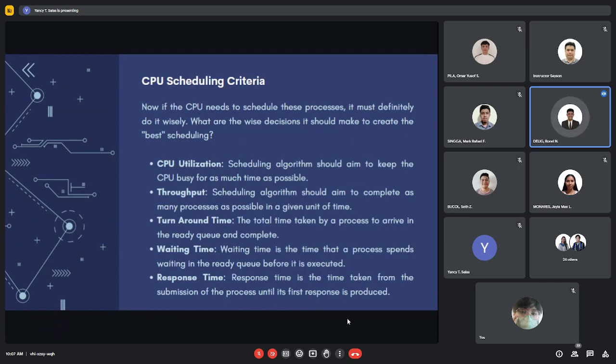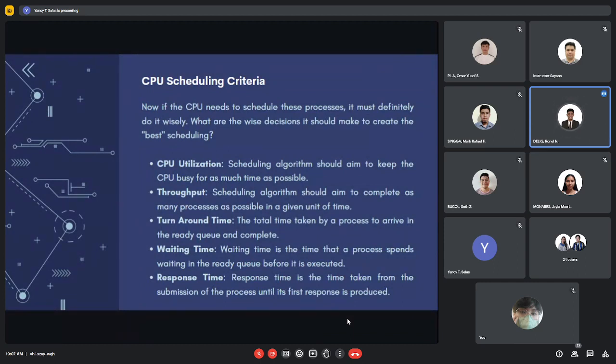So next is turnaround time. The total time taken by a process to arrive in a ready queue and complete. So this turnaround time is the time from the ready queue to the waiting queue, and from the waiting queue to the CPU to be terminated or output.